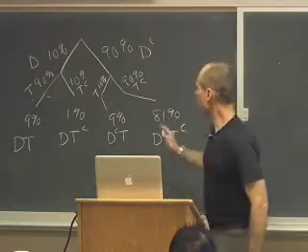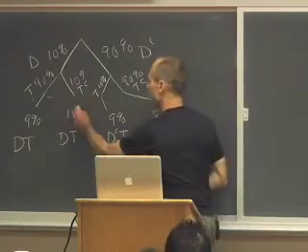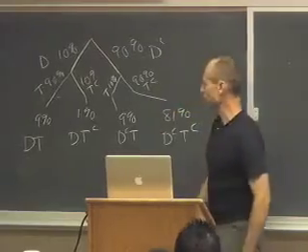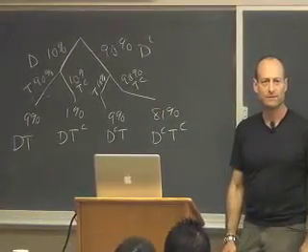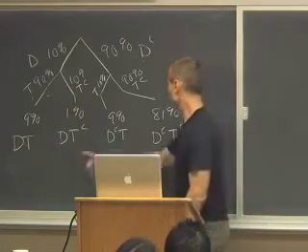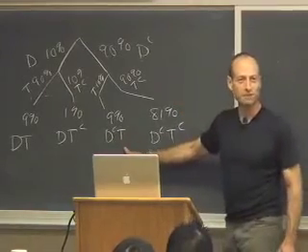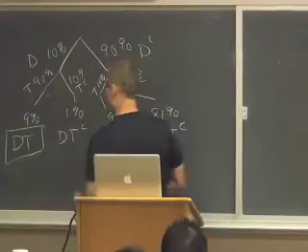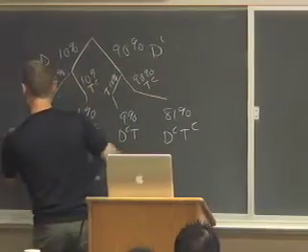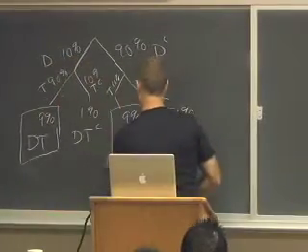So which of these branches of the tree corresponds to testing positive? The ones that have a T in them, yeah? Not a T complement. So that's this, and I think I'll draw that to include the probability, that, and that.